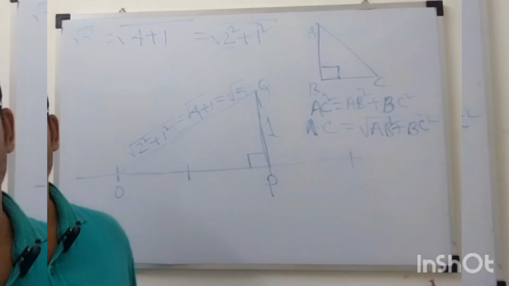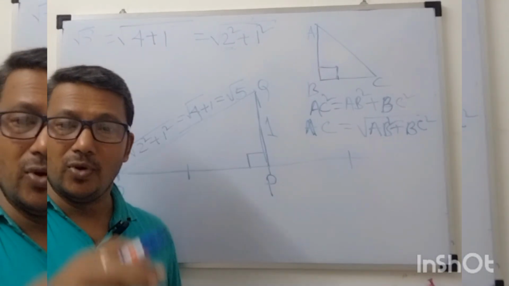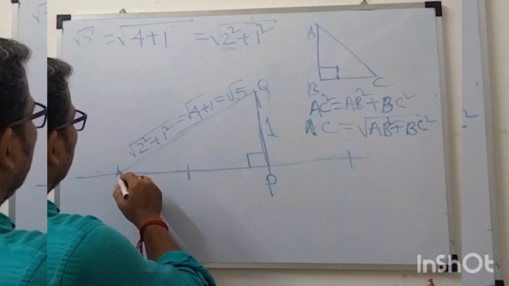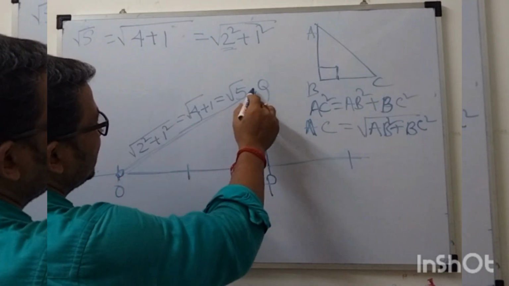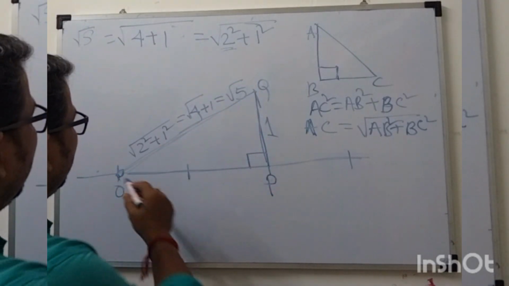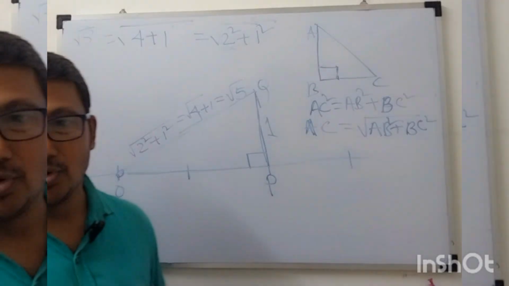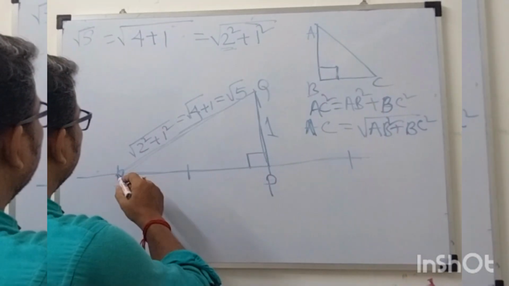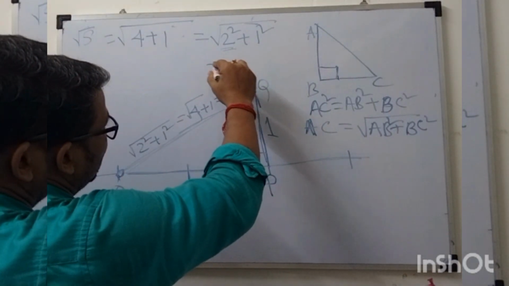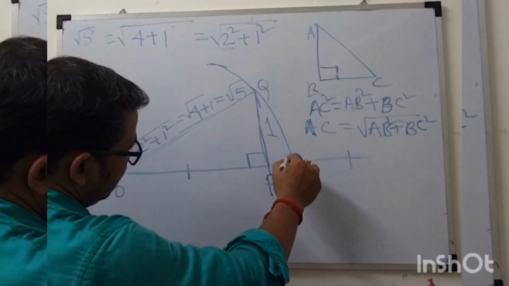But we have to put the number root 5 on the number line. How can you do that? Similarly, we take a pencil compass and take the radius OQ and draw an arc centering O. Let us draw the arc till it touches the number line.